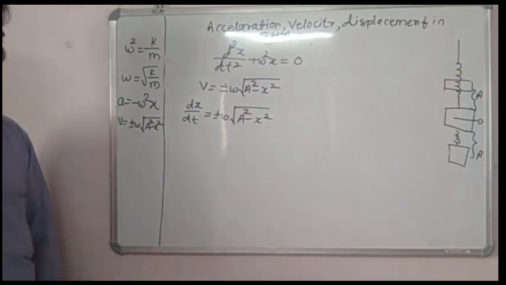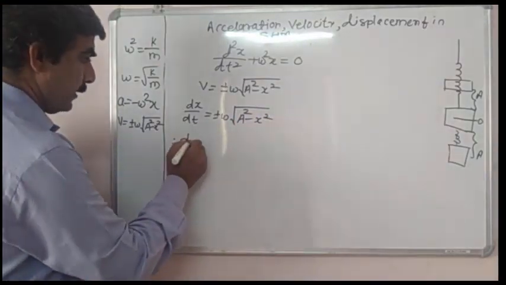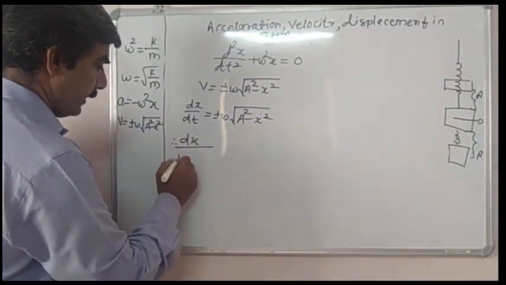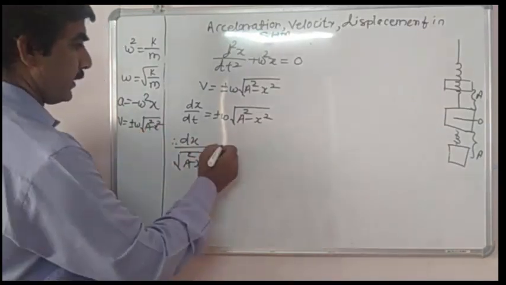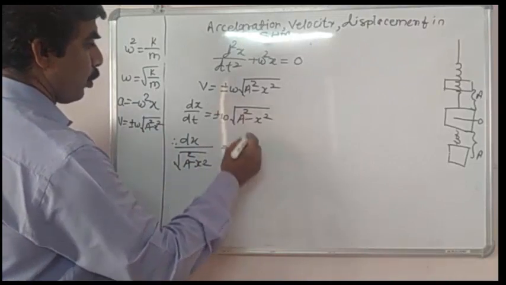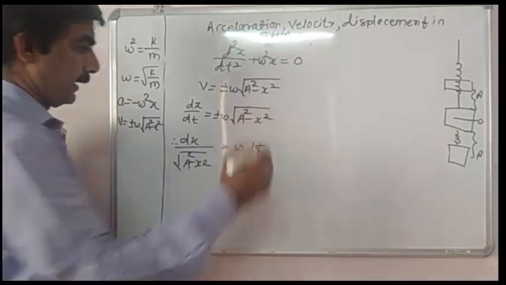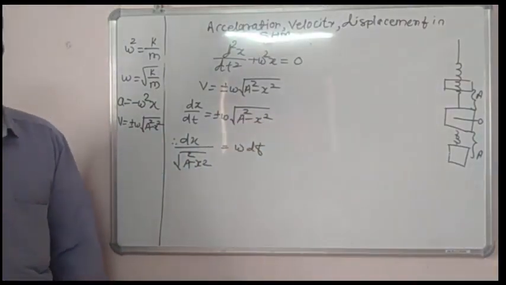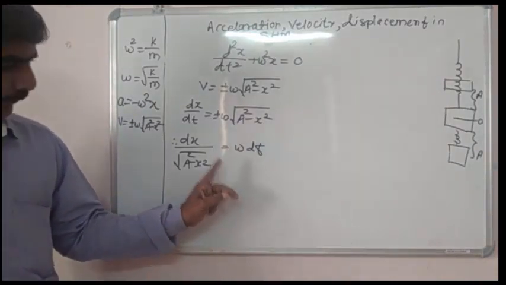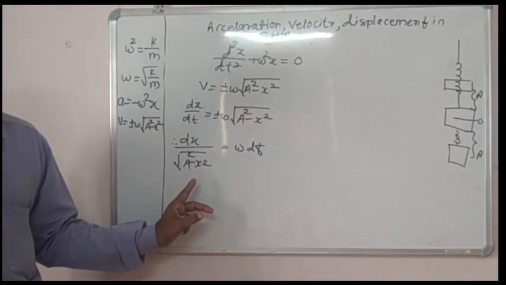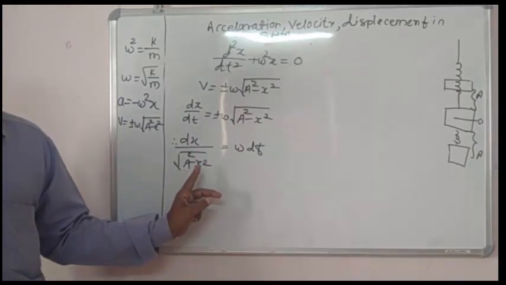That means dx divided by under root A square minus x square equal to omega into dt.